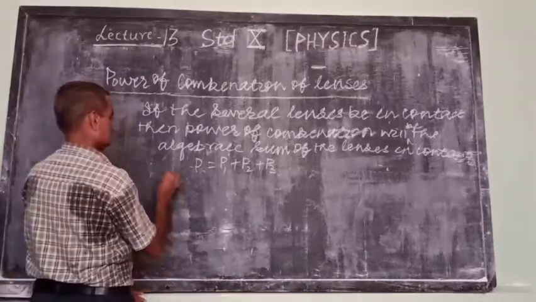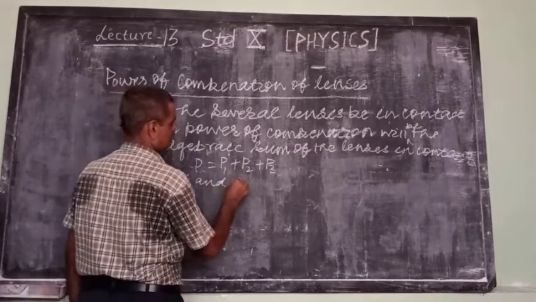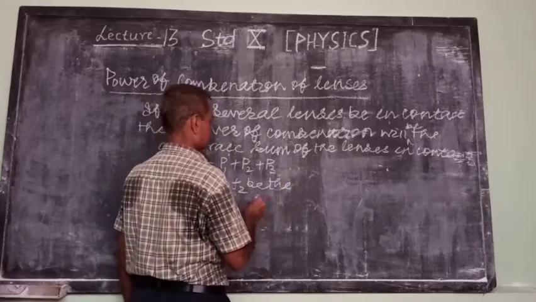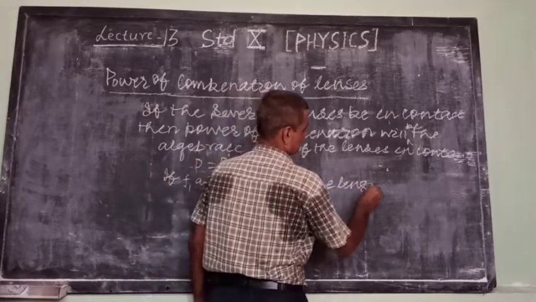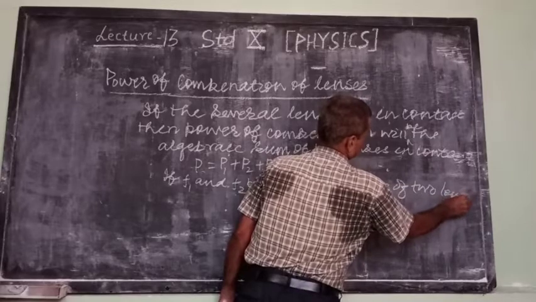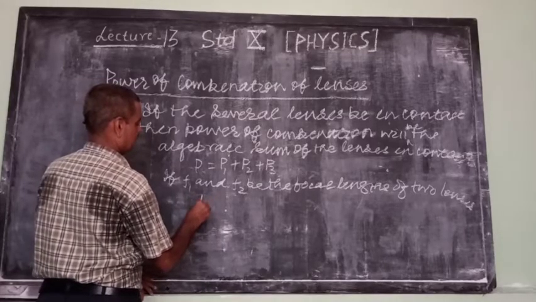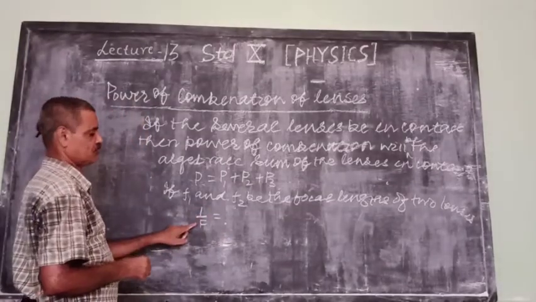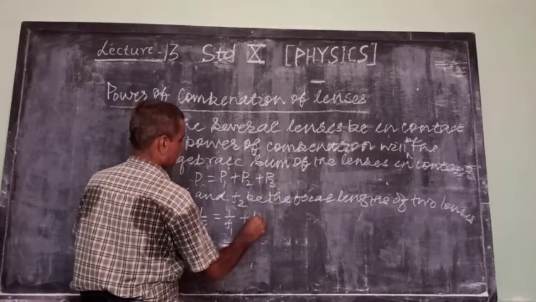Now if F1 and F2 be the focal lengths of two lenses, then 1 by F can be written as, this is capital F, meaning equivalent focal length, 1 by F1 plus 1 by F2.